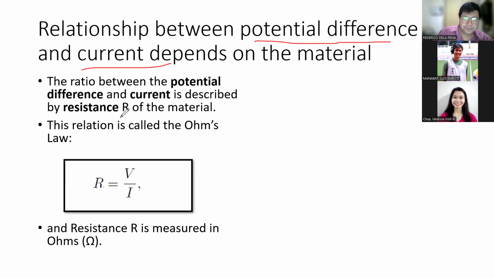The relationship between the potential difference and current is proportional to what we call the resistance of the media, and it's called Ohm's law. Resistance is measured in units of ohms.